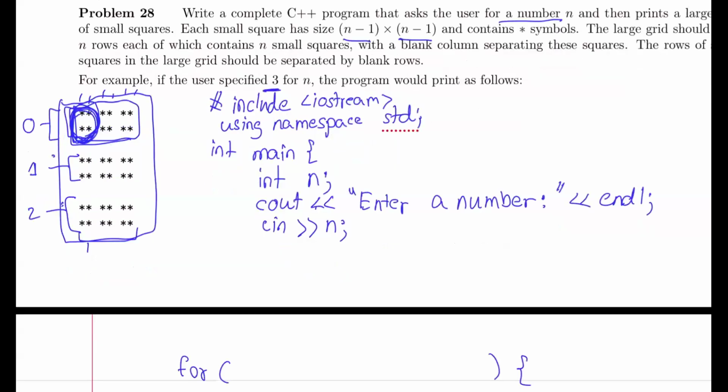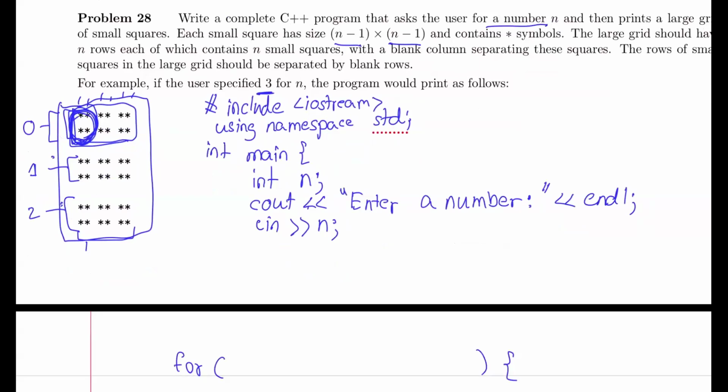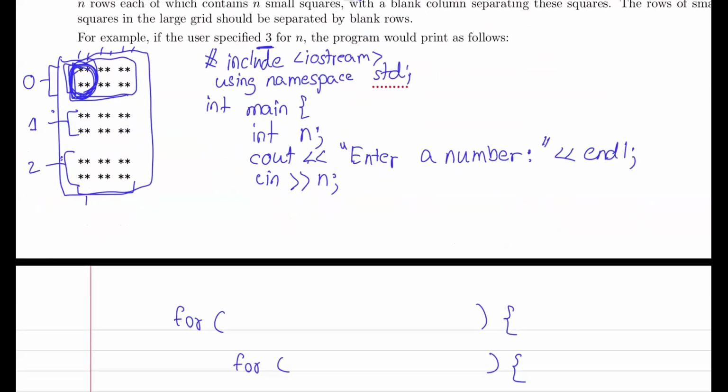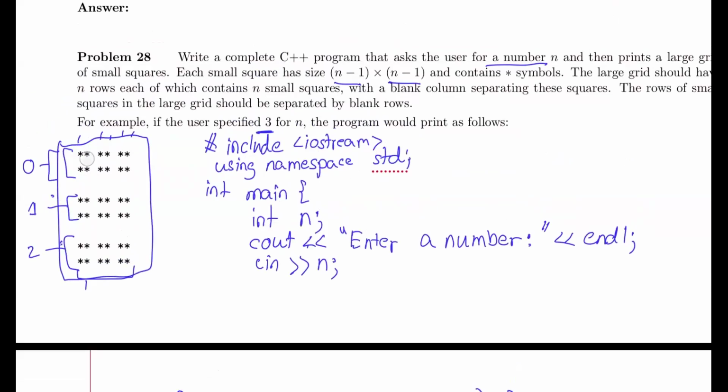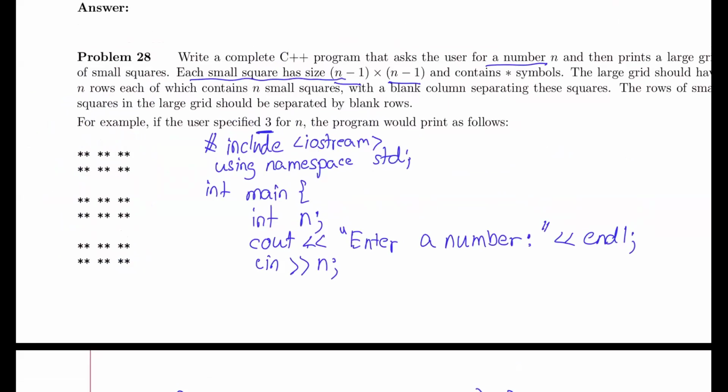What does it mean, the size of each small square is n minus 1 times n minus 1? Each small square has n minus 1 signs.